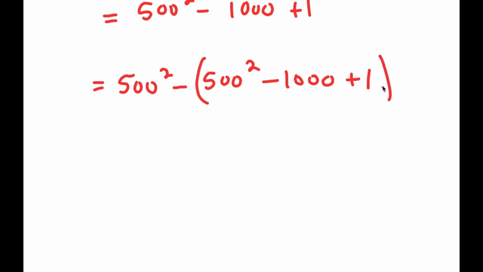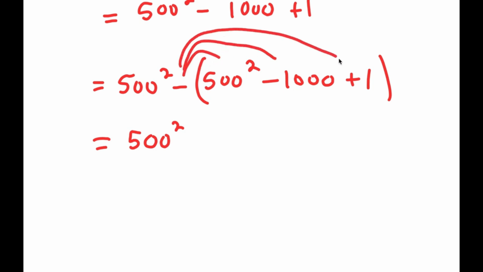And this is all in parentheses, by the way. So now this is equal to 500 squared. And now we're going to distribute the negative sign. So if I distribute the negative sign, that's basically like multiplying these terms by negative 1. So negative 1 times 500 squared is negative 500 squared.